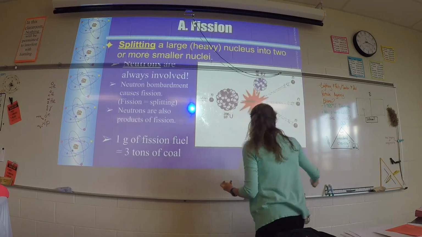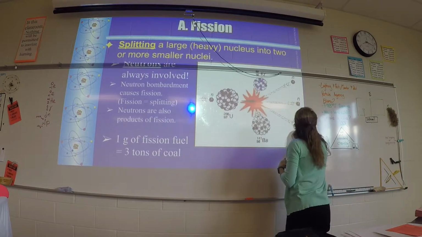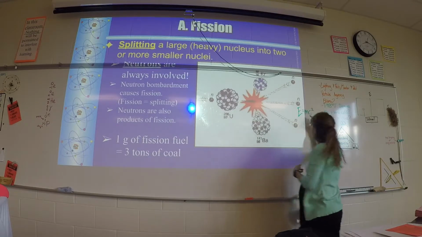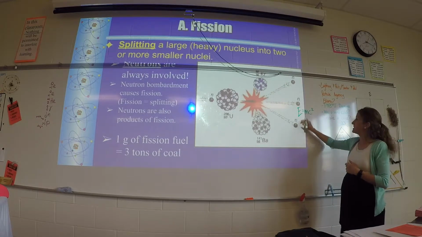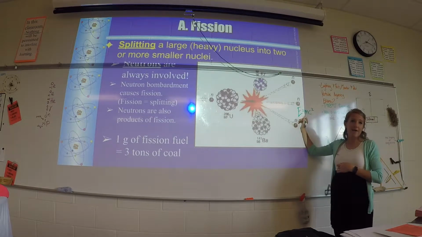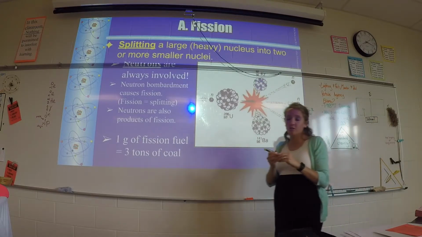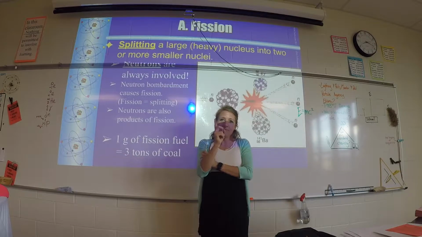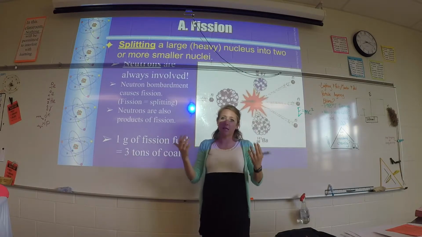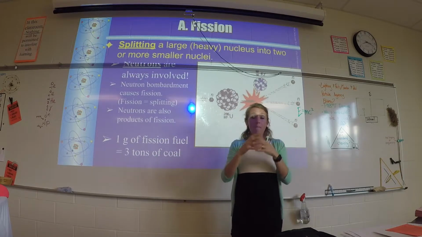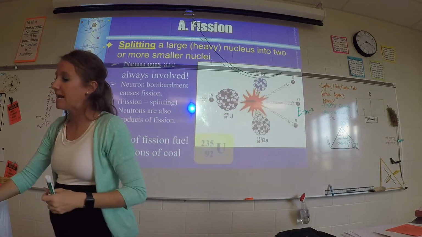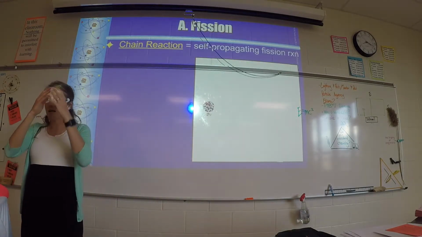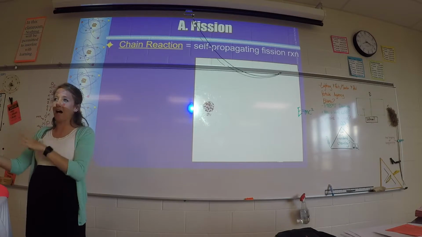And if you remember, this is why Einstein's equation E equals mc squared gives the amount of energy that comes out. But you're totally right, one single little atom does produce a lot of energy, but it's not just one.